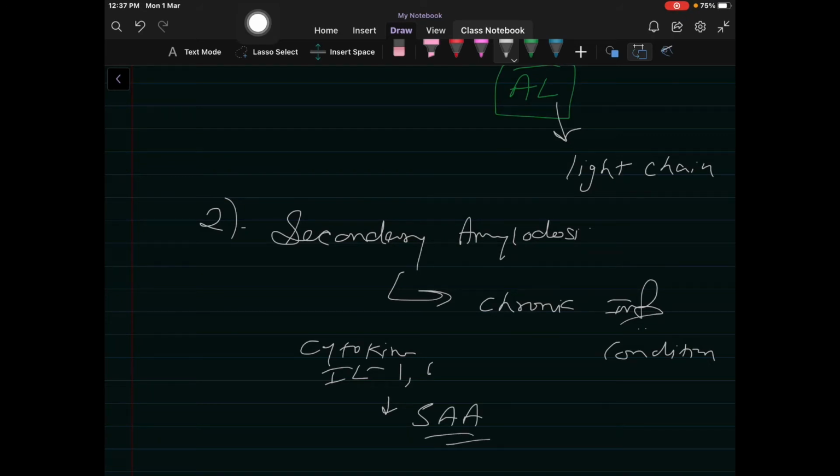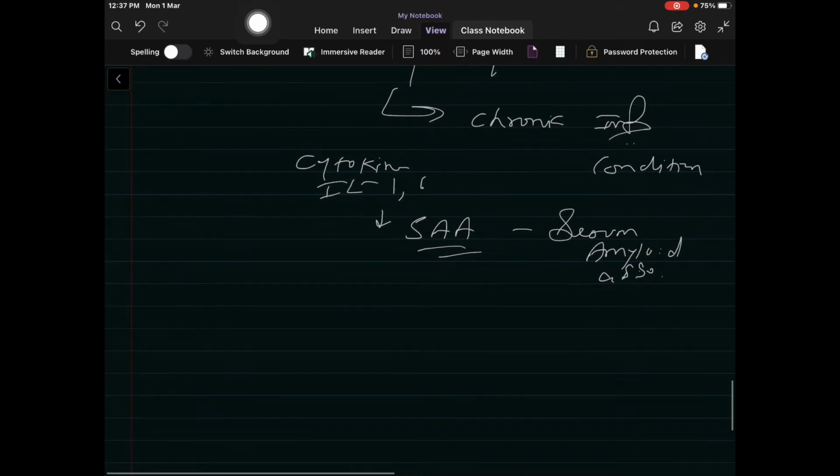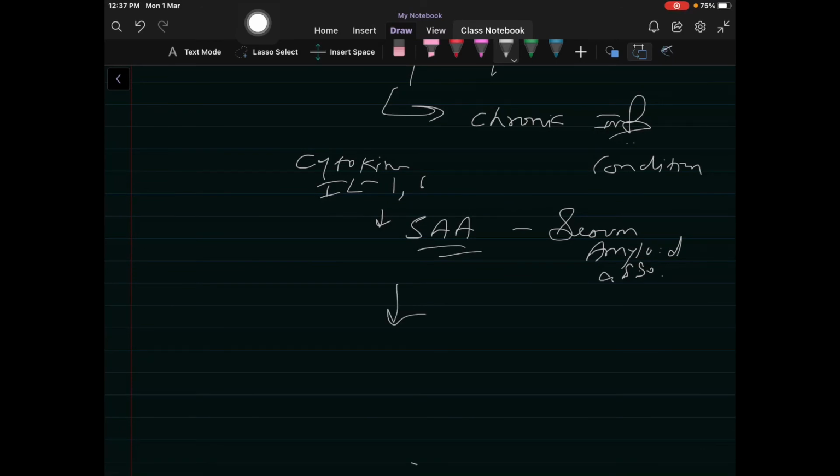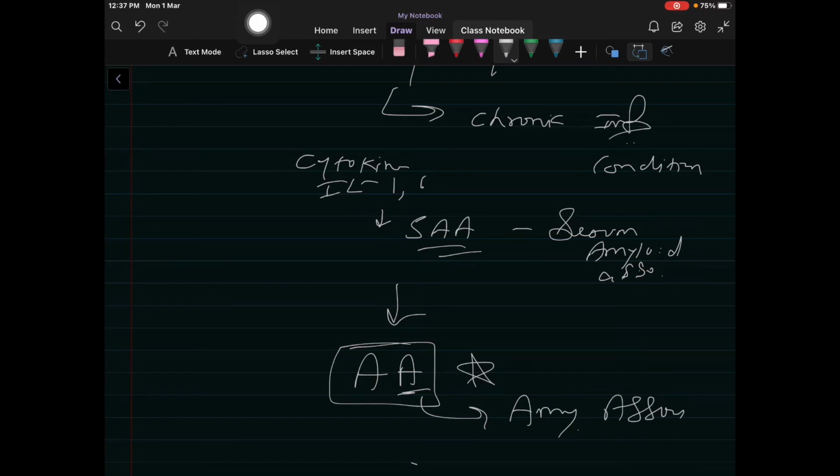That is serum amyloid associated precursor molecule. Hence, the major fibrillar component here will be AA. This is to be remembered, AA, where A is amyloid associated.